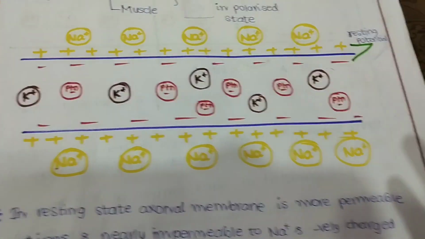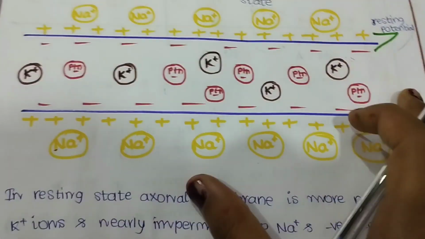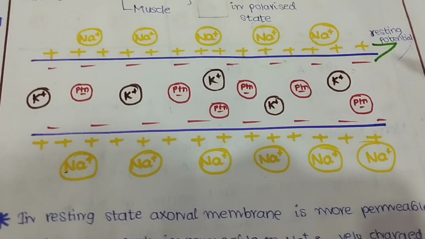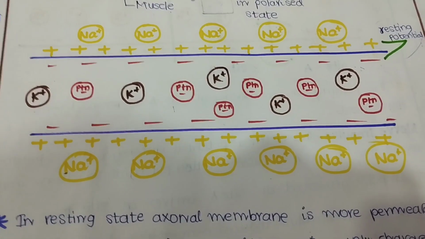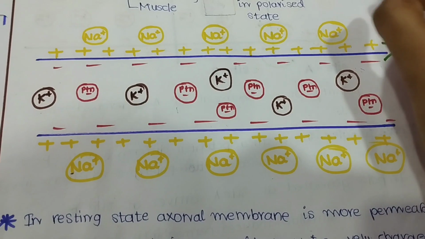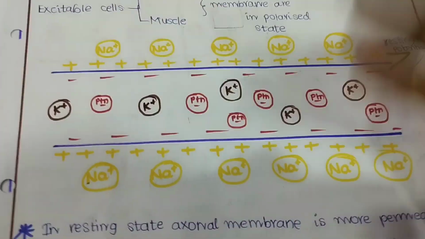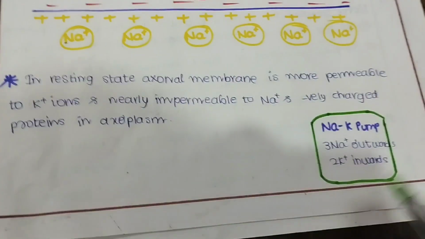According to the general principle of physiology, any substance should move from higher concentration to lower concentration. So according to the principle, if we analyze the Na plus ions, as they are more outside, they should go from outside to inside. But the reverse process takes place by the sodium potassium pump.